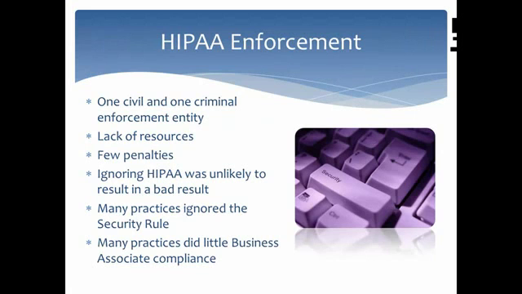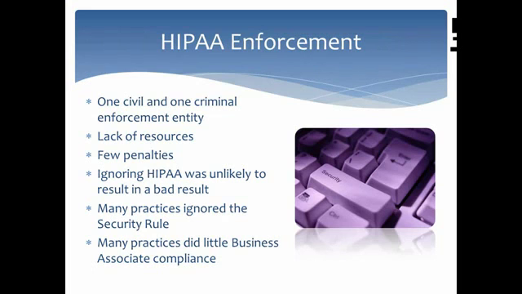HIPAA enforcement was fairly lax back in the early days of HIPAA, because there was only one civil and one criminal enforcement entity. You had the U.S. Department of Health and Human Services that could enforce the civil penalties, and the U.S. Justice Department that could enforce the criminal penalties of HIPAA. So there was a lack of resources, both financial and personnel. There were few penalties.